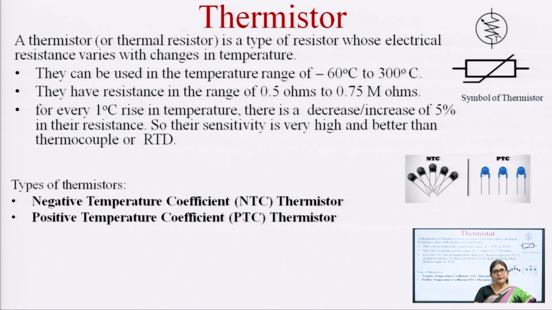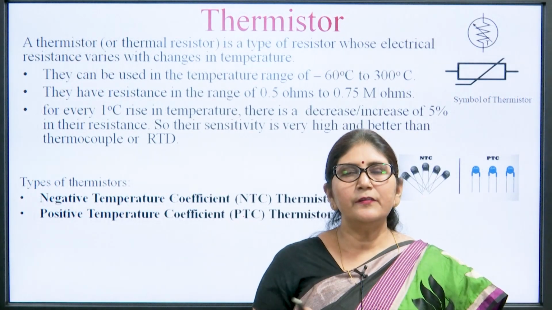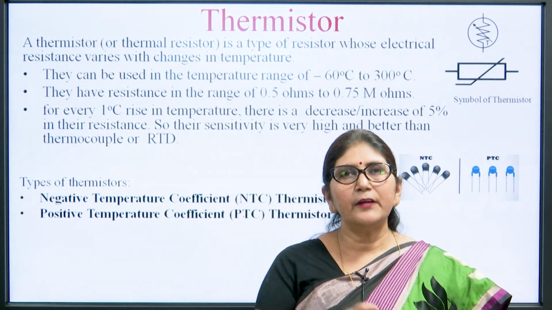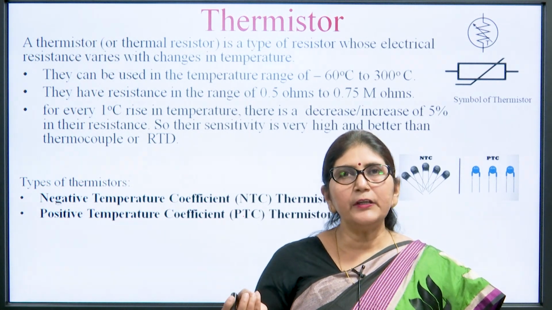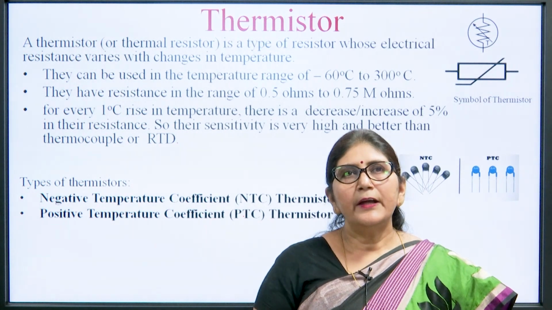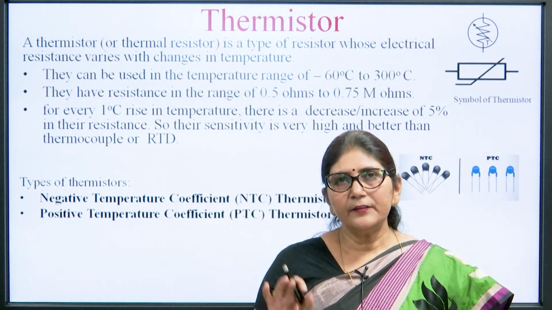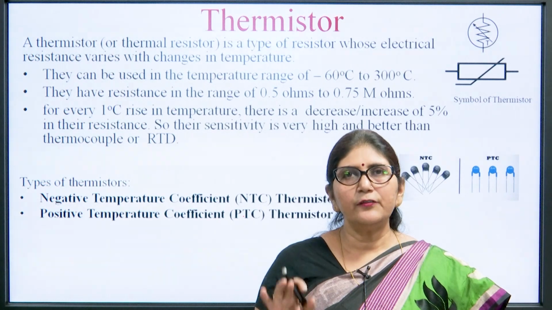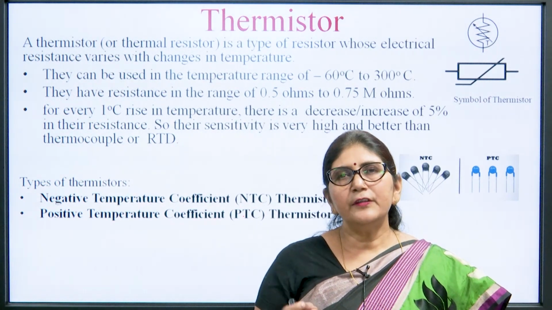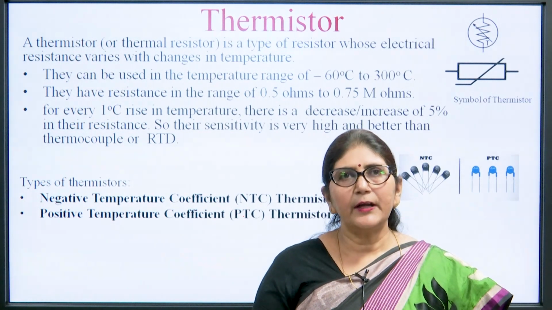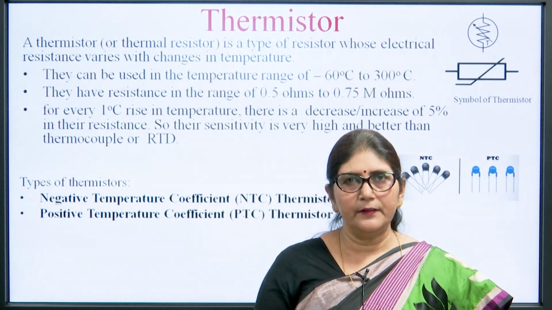They have resistance in the range of 0.5 ohm to 0.75 mega ohm, which means a variation from 0.5 ohm to 750 kilo ohm. For every 1 degree rise in temperature, there is a decrease or increase of 5% in their resistance. So, the sensitivity is very high, better than the thermocouple or RTD.